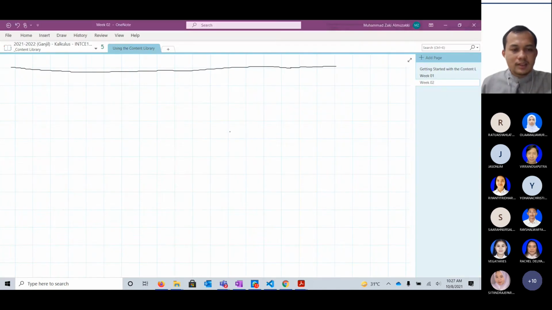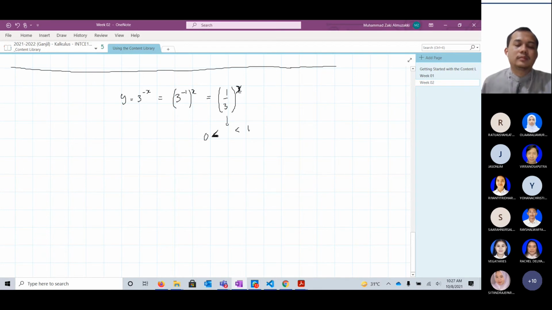So y equals 3 power minus x is actually equal to 3 power minus 1 power x, or equals 1/3 power x, right? And this base is between 0 and 1.